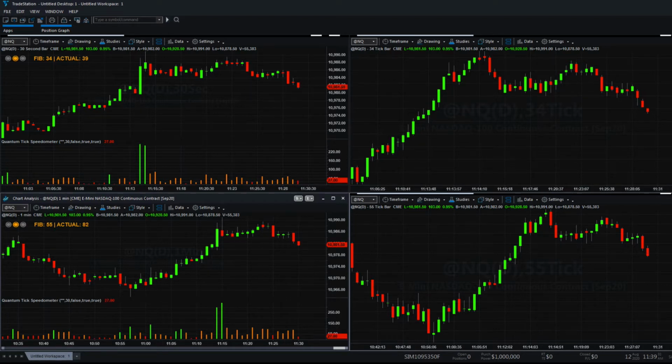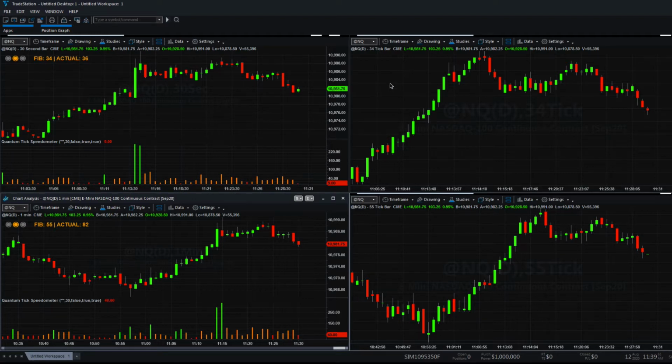Now on a non-time-based chart, such as a tick chart, that is not the case. What happens with a tick chart, and I've got two set up here on the right-hand side, I've got a 34 tick chart at the top and a 55 tick chart at the bottom.